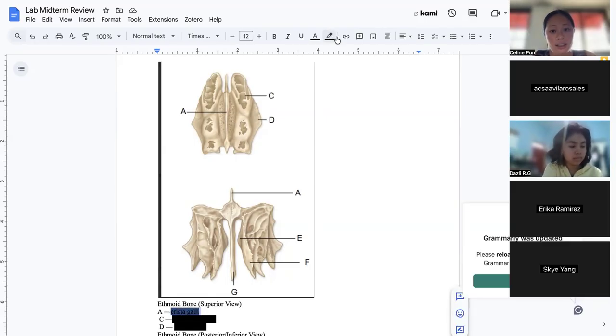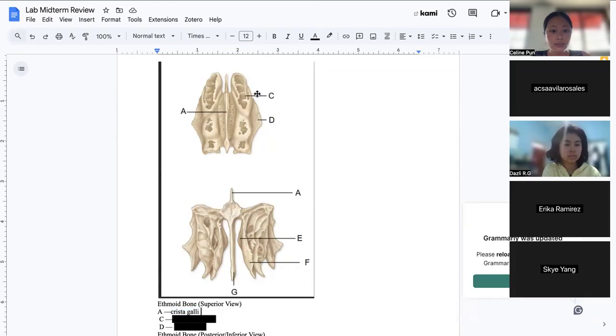This is your crista galli, which is the rooster's crest. And it's also seen right here for A.